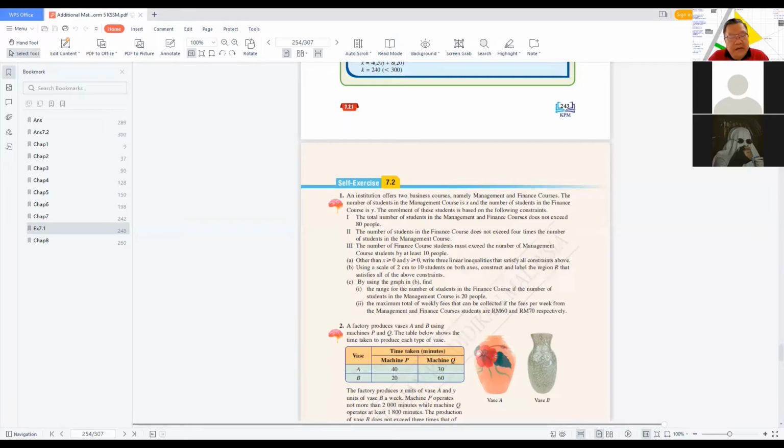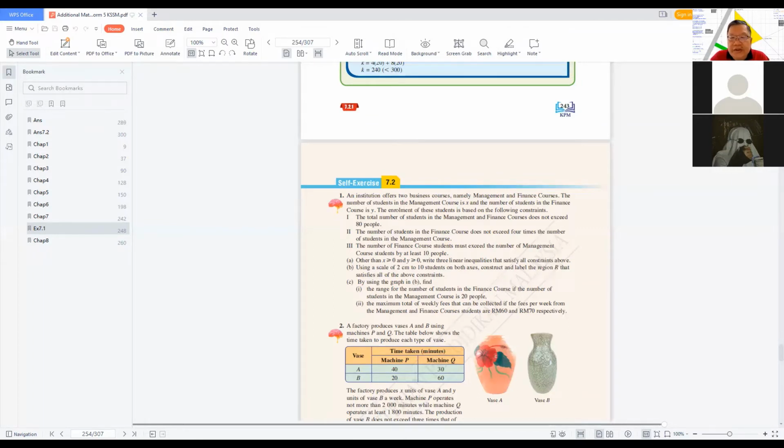Then another thing that you always encounter in the question is the number. In this case, it is the number of students. In other cases, it may be number of plants, number of houses, and so on. So the number is also given. They are very kind. So the number taking the management course is X. The number taking the finance course is Y. If you have X students and Y students, the next line will be the total number of students.